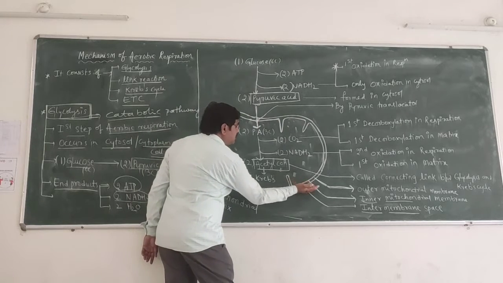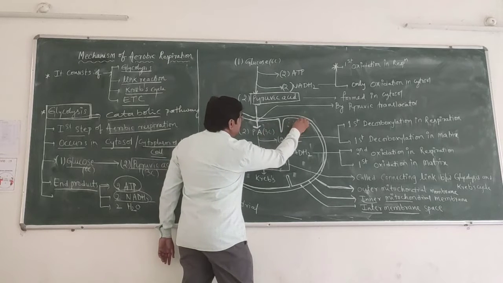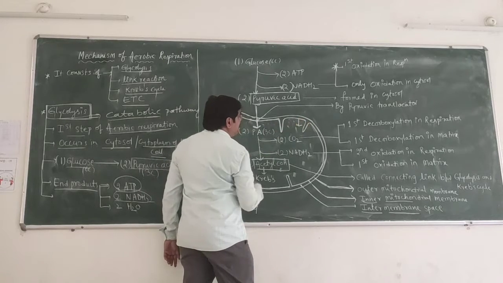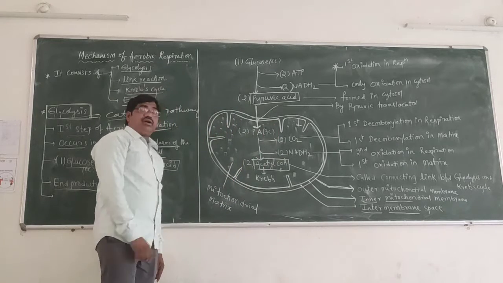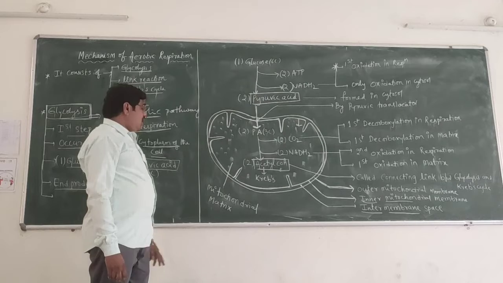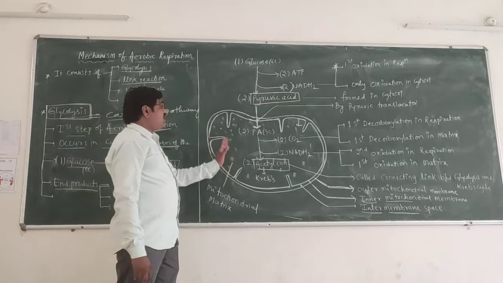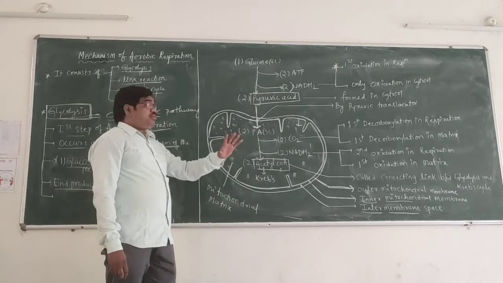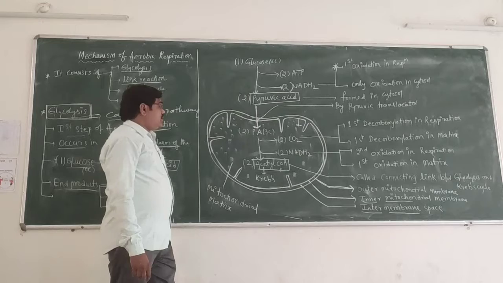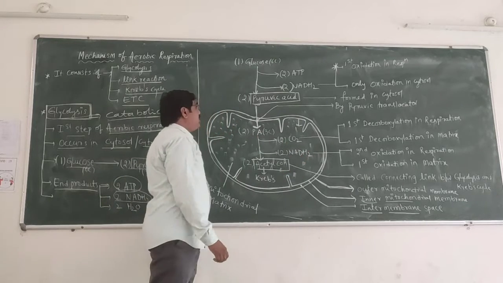The center, below the inner membrane, is called the mitochondrial matrix. In this matrix, different types of enzymes are present, which are required for the process of the Krebs cycle.